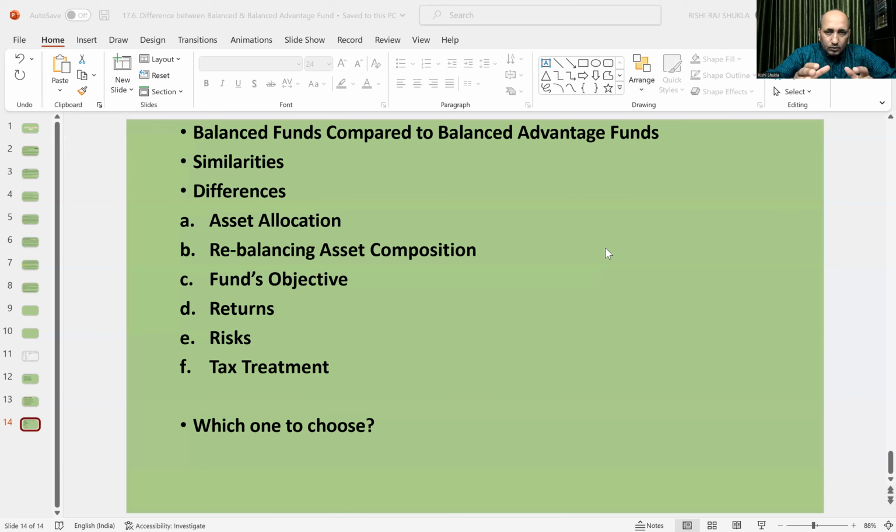So we have given you a clear parameter: whether you are a conservative investor or a moderately high risk appetite investor, you should decide. Of course, if you go with balanced advantage, you will get more return, but at the same time you should take care of the expense ratio also.